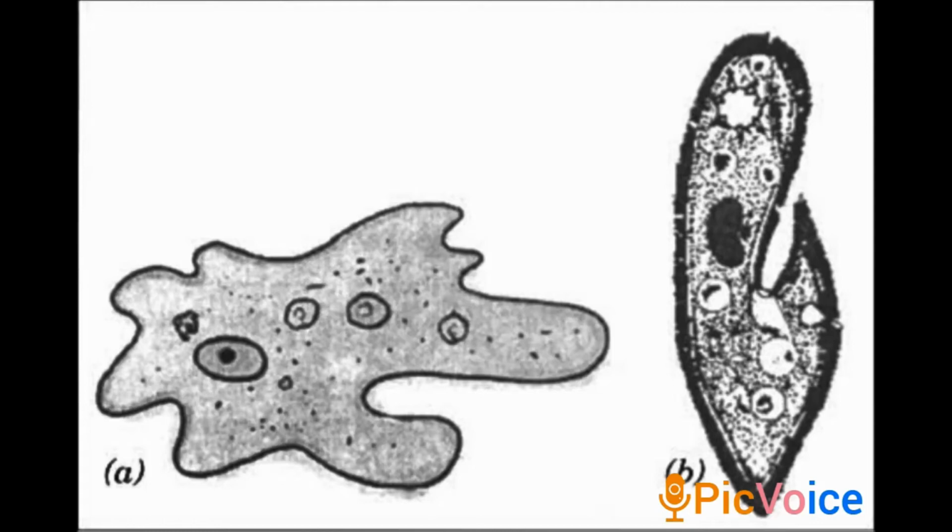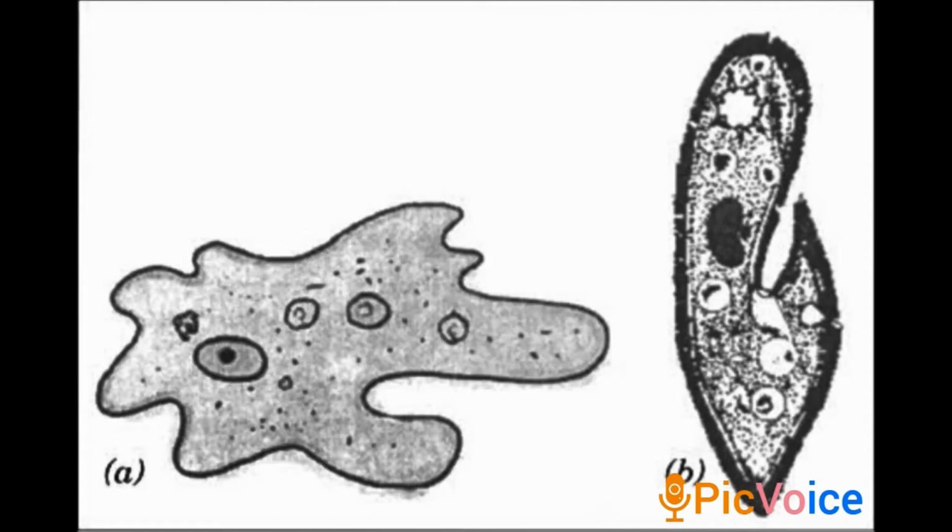Similar functions are carried out in multicellular organisms, but there these functions are carried out by a group of specialized cells forming different tissues. But in unicellular organisms, all these functions are carried out by a single cell. This is the main difference between multicellular and unicellular organisms.